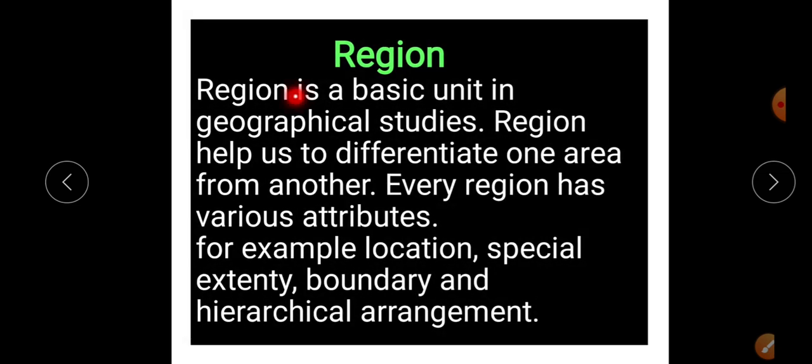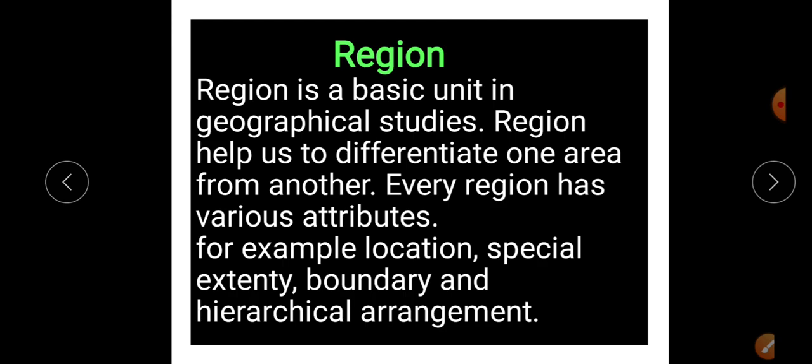Region is a basic unit in geographical studies. Regions help us to differentiate one area from another area. Every region has various attributes, for example, location, spatial extent, boundaries, and hierarchical arrangement.